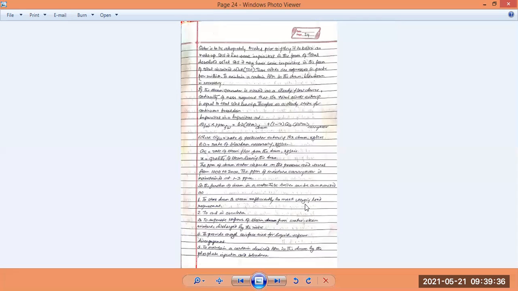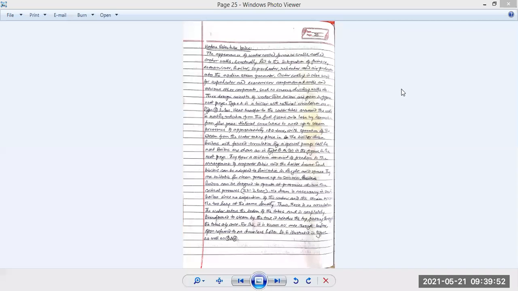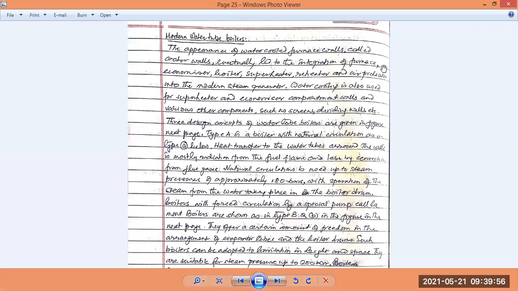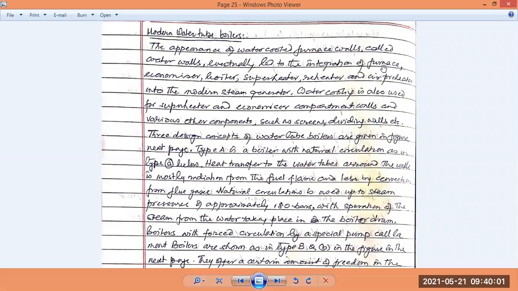Next, let us go to the modern water tube boiler itself. As per your syllabus, there are hundreds of different accessories whose function and controlling equation you are supposed to know.